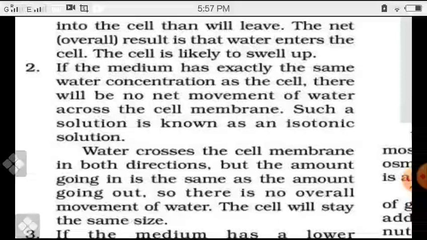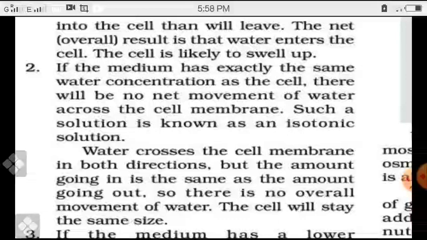There will be no movement of water across the cell membrane. Such a solution is known as an isotonic solution. What do we call it? Isotonic solution.